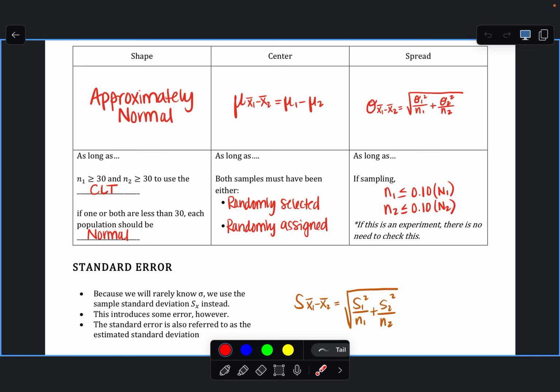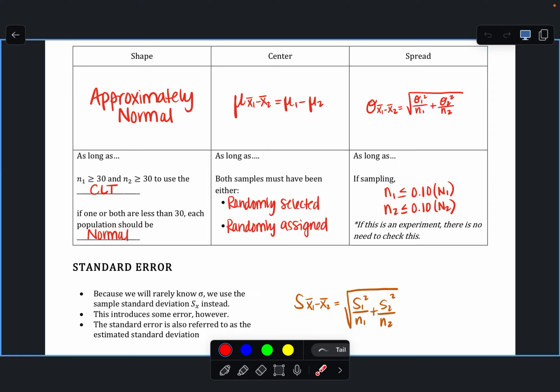Now that we are going into inference procedures, we are going to have to use the T distribution instead. And it does require still checking conditions, still calculating the interval and the test statistic and the p-value. But again, it's a lot of the same thing.